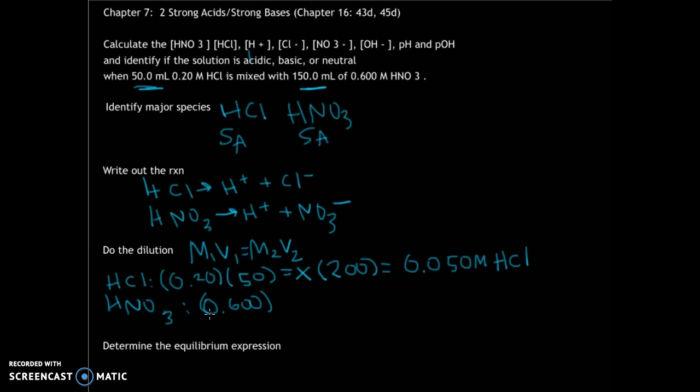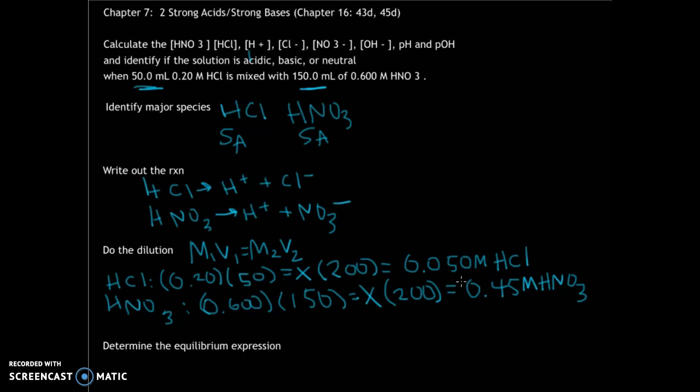Okay, the volume of the HNO3 used was 150 milliliters. We want to know its new molarity after the two have been mixed together, and your final volume is 200 milliliters. So after dilution, I calculated 0.45 molar HNO3.